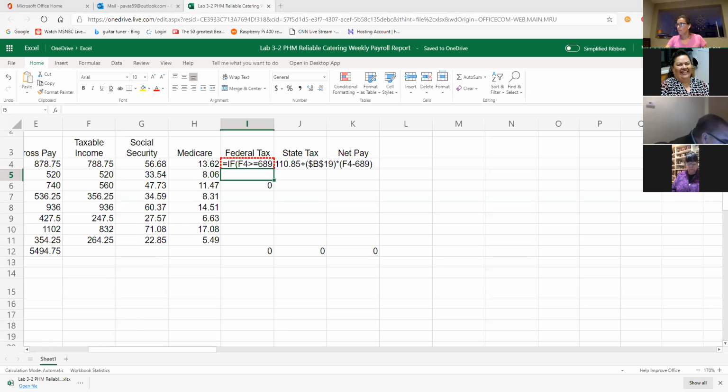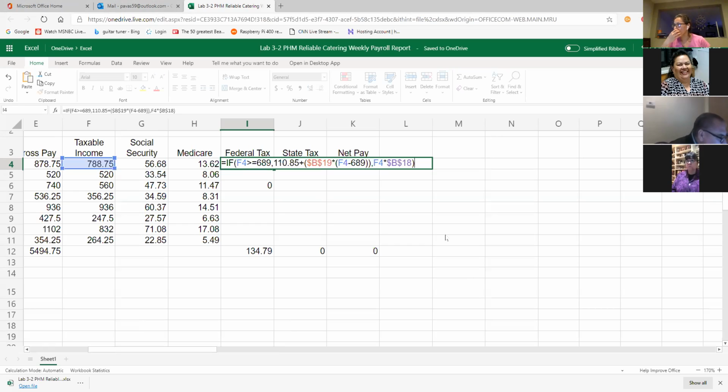Let me see on the solution file how they did it. Okay, that's the formula.